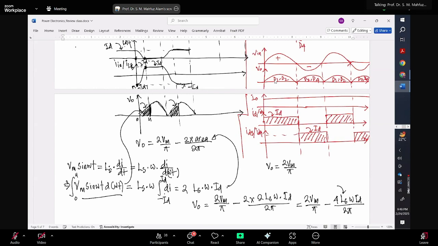Here also you can see, if you increase the source inductance or the output current value, your output voltage will drop.